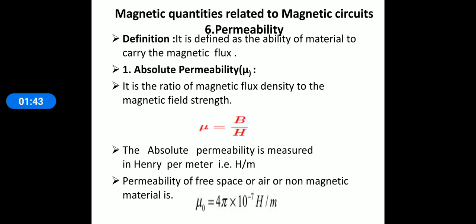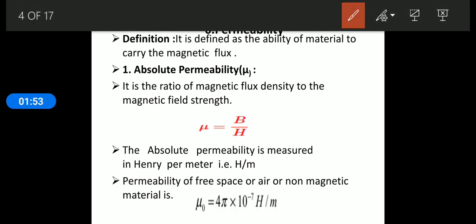There are two types of permeability. Absolute permeability. What is the absolute permeability? It is denoted by mu and it is defined as the ratio of magnetic flux density to magnetic field strength.